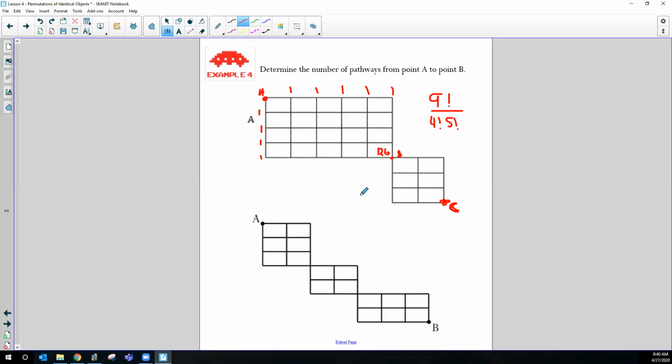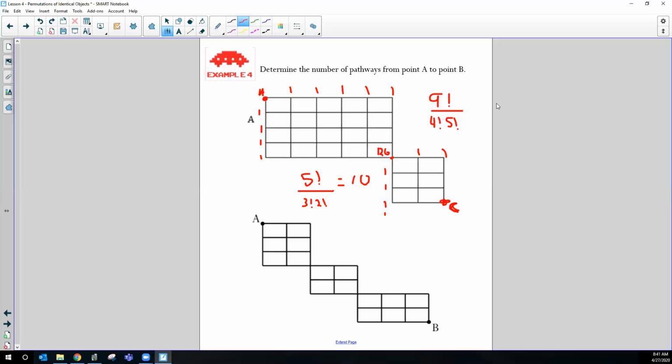So what you have to do is calculate the same method for this box. So 1, 2, 3, 4, 5, 5 factorial over 3 down and 2 across, which equals 10.